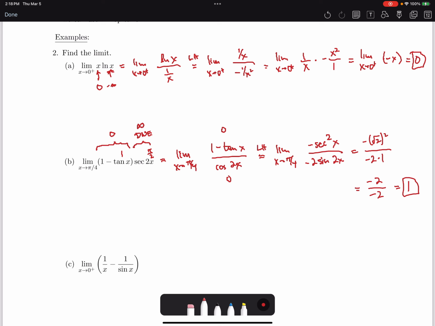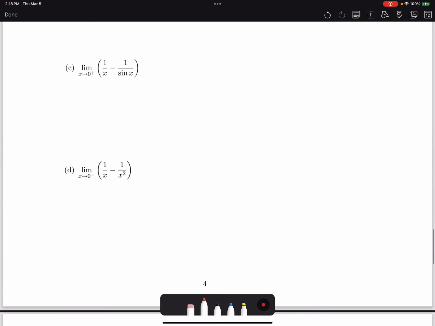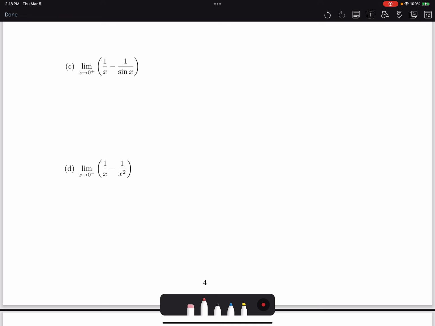Okay, so this is how you handle situations when you've got a 0 times infinity format. What about infinity minus infinity, like in parts C and D? Okay, when we approach 0 from the right, 1 over x is going to go to positive infinity. And 1 over sine of x is also going to go off to positive infinity.